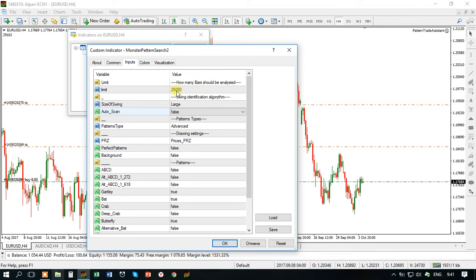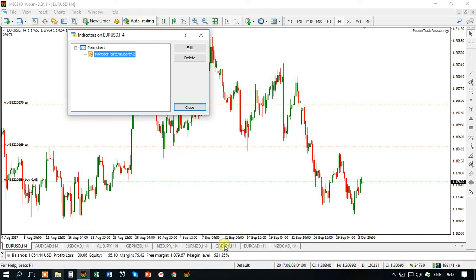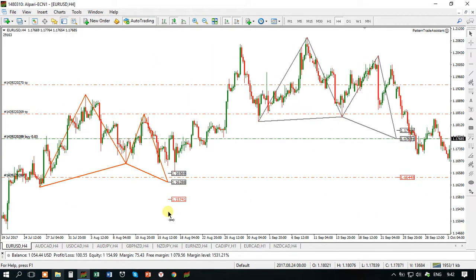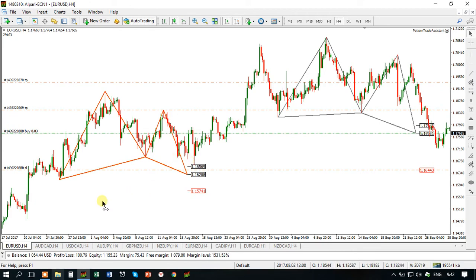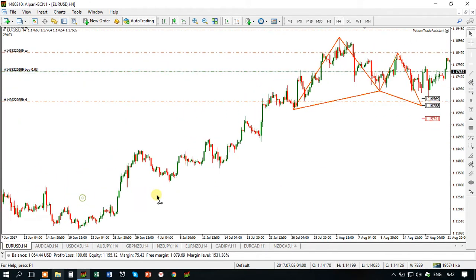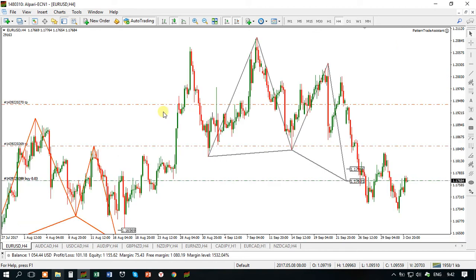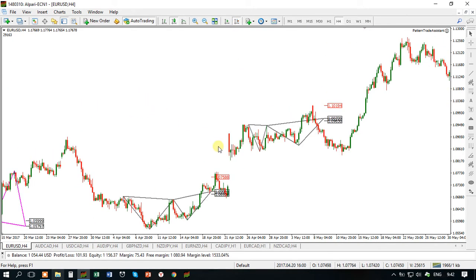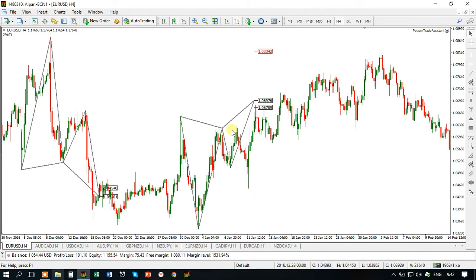I have 25,000 bars of history on the chart, and if I enable auto scan, all of them will be analyzed, and I won't only have the trade that I'm looking at, I will also have the trades that were previously generated. So I can do the backtesting, and this is very, very important, the backtesting.